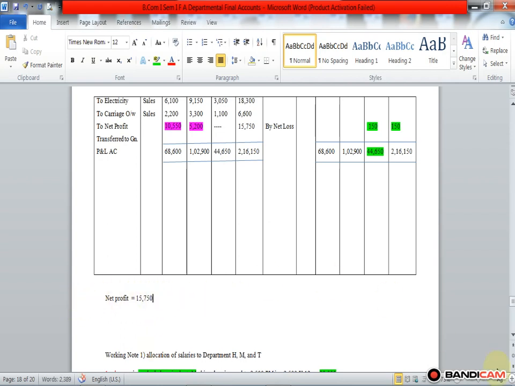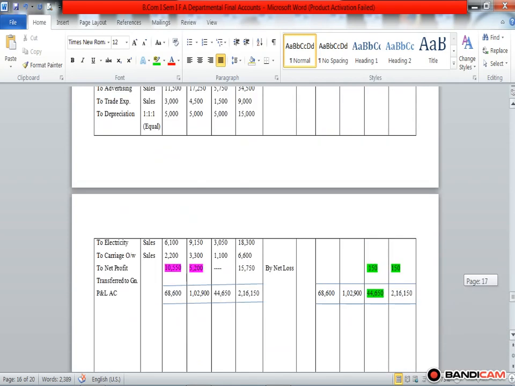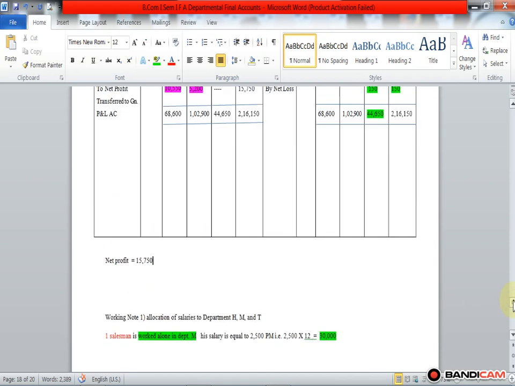See the problem, net profit is given 15,600. Department H and M are in profit, but department T is in loss.